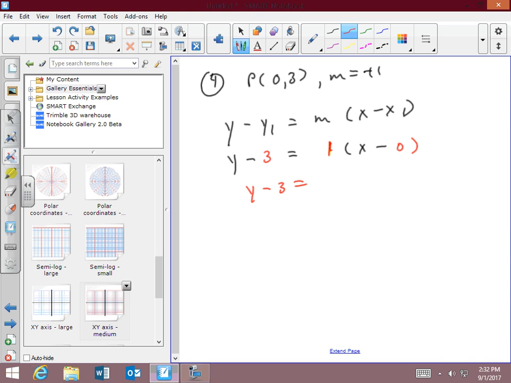Now, if you multiply the 1 through there, you get x. Now, this far right here would be the answer to the question we're asked. But when you put it in a calculator, you have to have y by itself on one side.